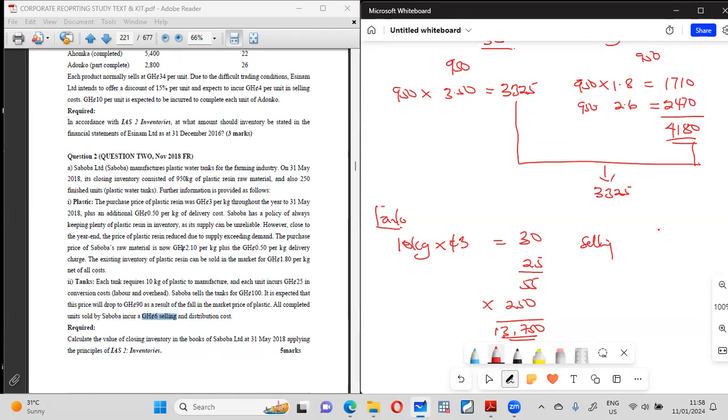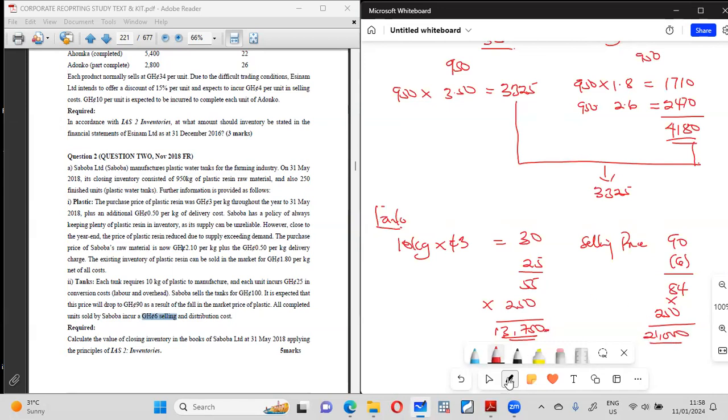It will be what? The 90. Selling price to be 90. Then we need to also less a 6 of distribution. So we have 84. So 84 by 250, what are we getting? That gives me 21,000. So which one is the lower that we will pick?